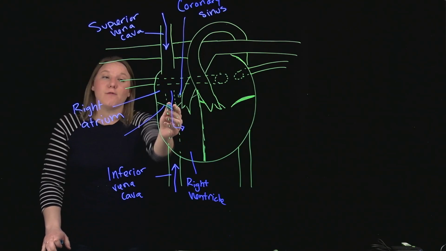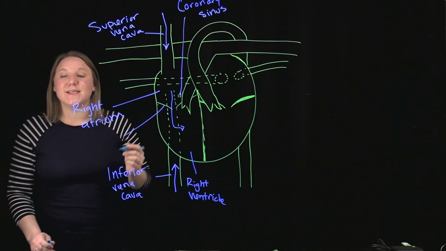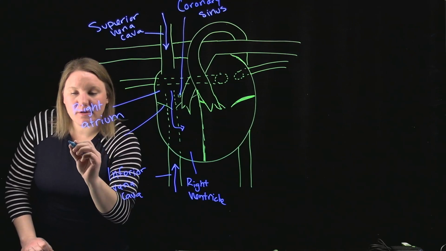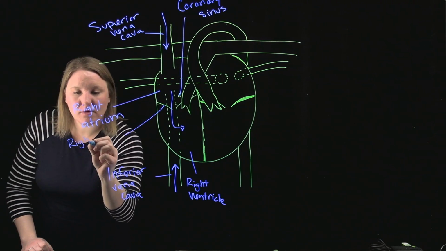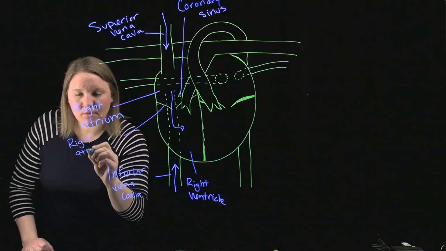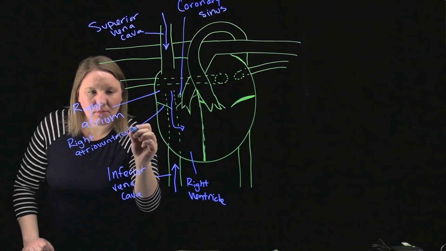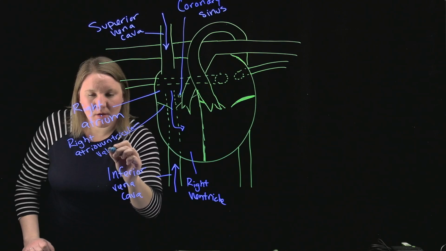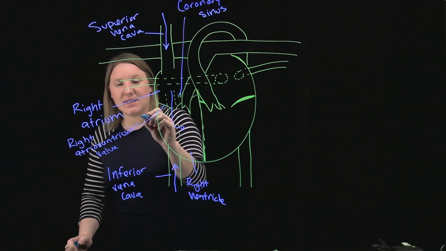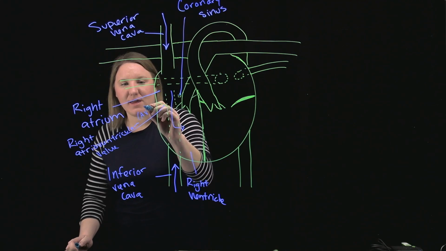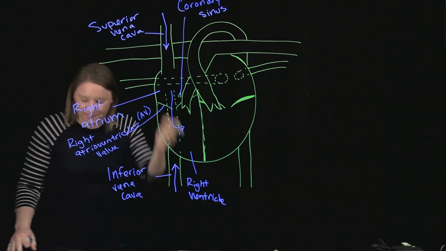All right, this valve over here is the right atrioventricular valve. We can abbreviate atrioventricular as simply AV, right AV valve.